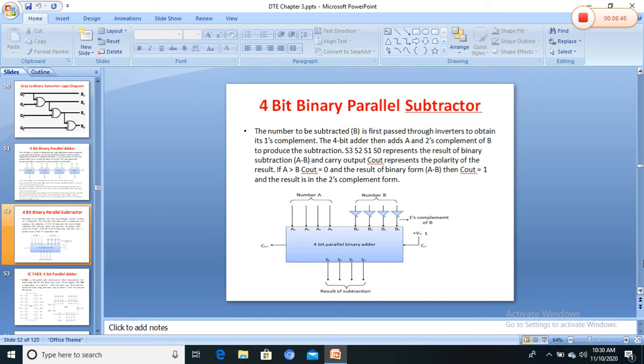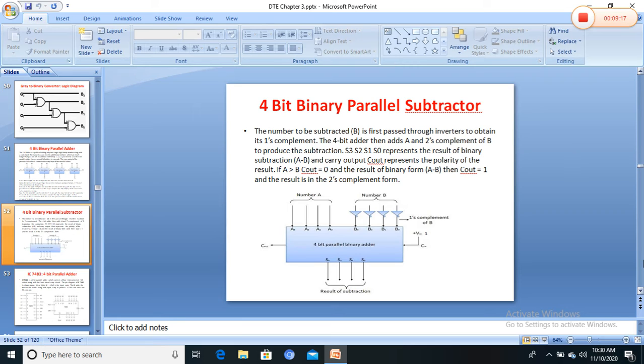We take the ones complement here only of the second number, B. The number to be subtracted, B, is first passed through the inverter to obtain the ones complement. Then this is added to the first number and the 2's complement produces the subtraction, S3, S2, S1, S0, the binary result of A minus B, and the carry output represents the polarity of the result.